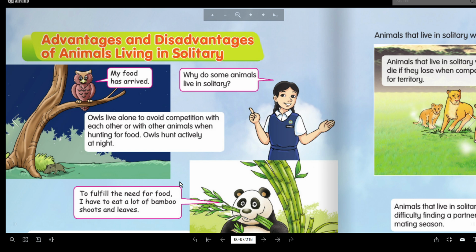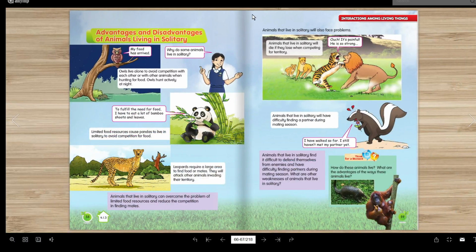Yeah, that's great. Correct. And if there is some disease outbreak, it can spread quickly, right?